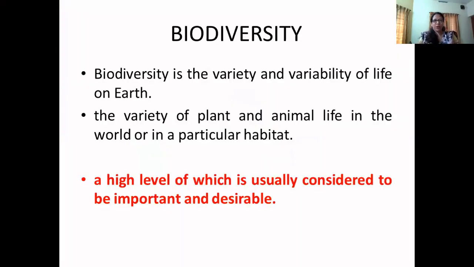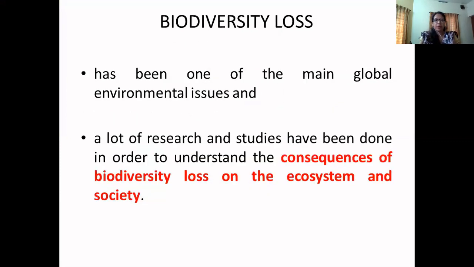So what is biodiversity? Biodiversity is the variety and variability of life on Earth. It is the different kinds of plants and animals which are present on the Earth. And a high level of biodiversity is usually considered to be important and desirable. You all might have heard about biodiversity loss.